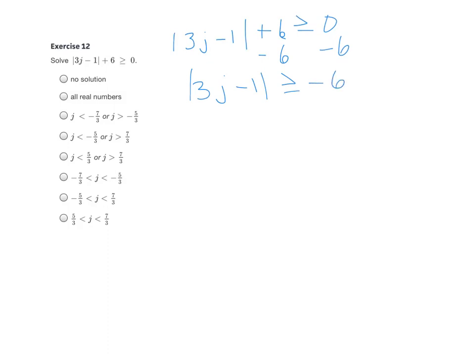Now, we know that this is going to be a positive. Will a positive ever be greater than or equal to negative 6? The answer is it will always be greater than or equal to negative 6. So our solution must be all real numbers.